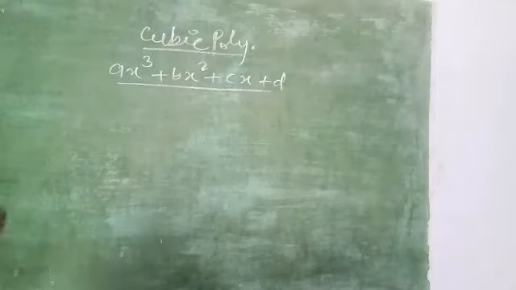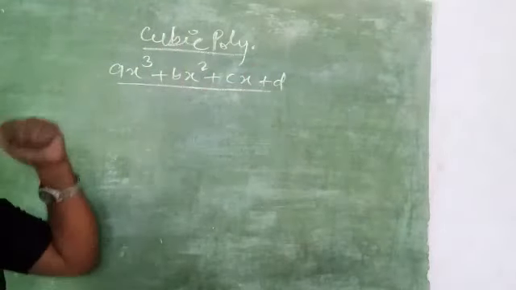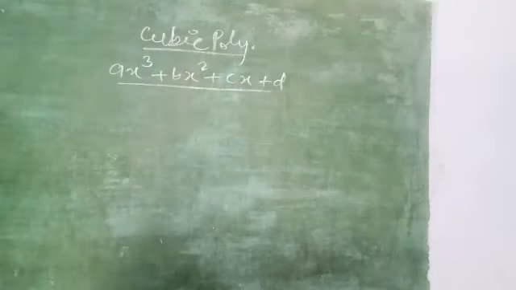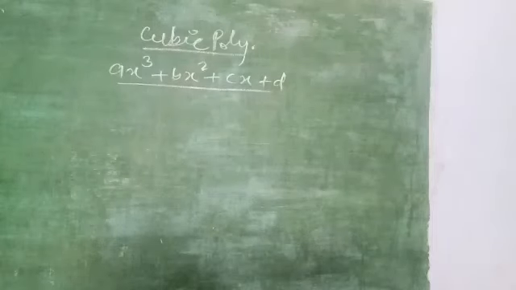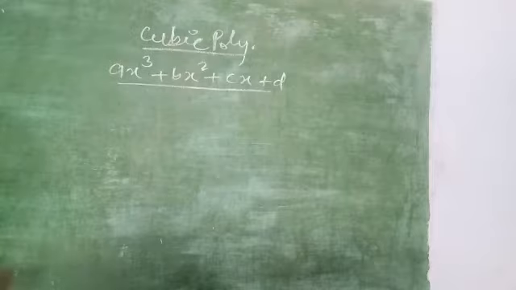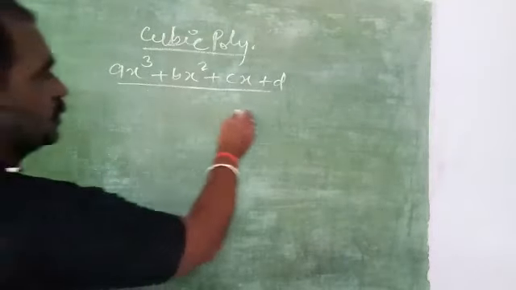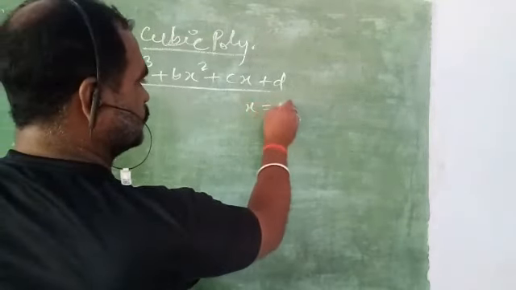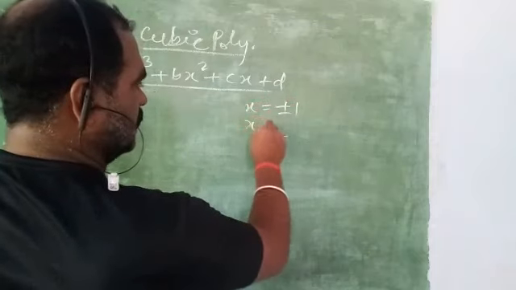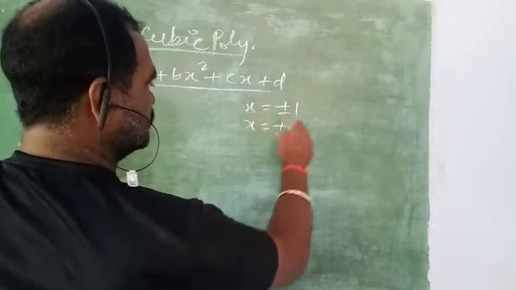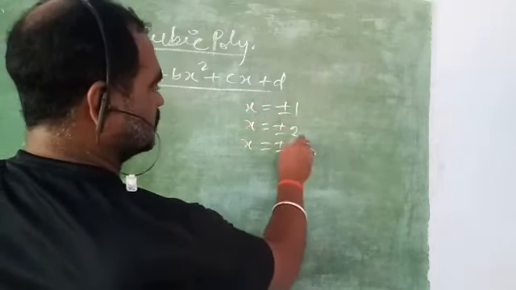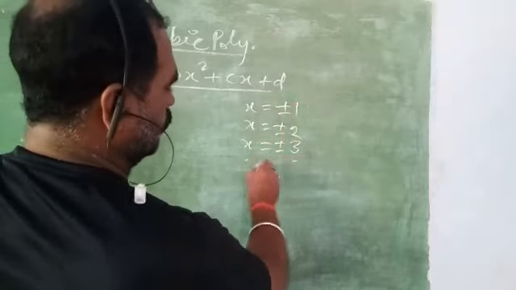To find the zeros or to find the factor of a cubic polynomial, first we have to use the remainder or factor theorem, in which we'll have to put the values of x equal to plus minus 1, x equal to plus minus 2, x equal to plus minus 3, and so on.